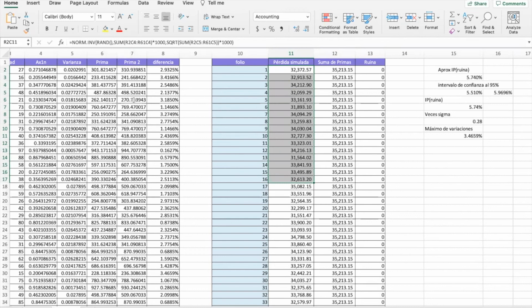So then we summed all the premiums that we calculated over here, and we see if the random loss is actually a loss or rather a gain. This we do by comparing these two values over here. So if this value is higher than this one, we have a 1. But if this value is lower than this one, as in this case, we have a 0. So we have no ruin.